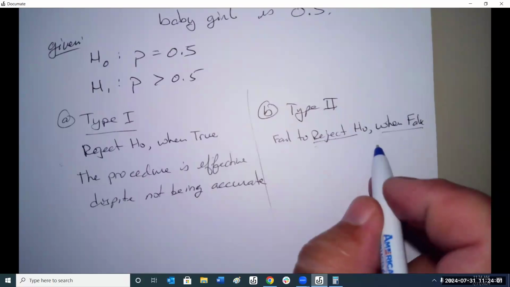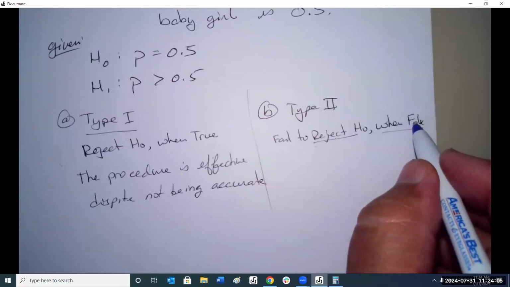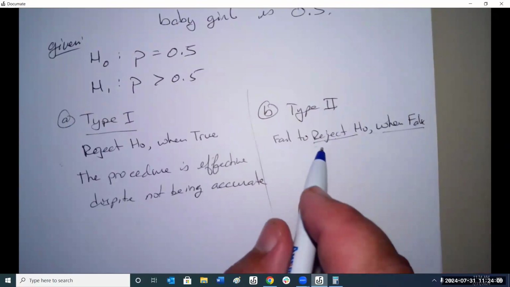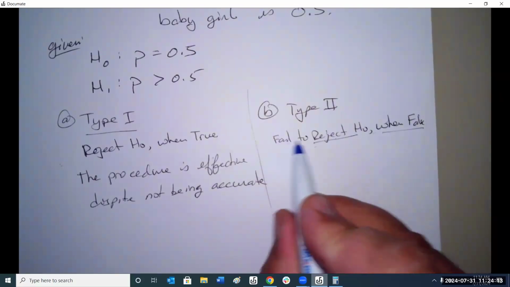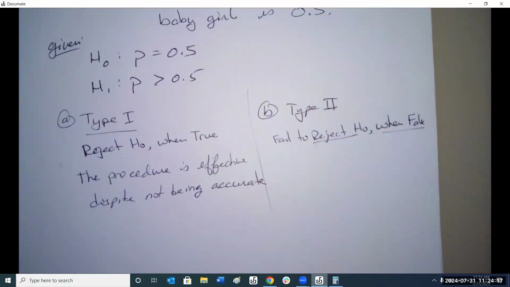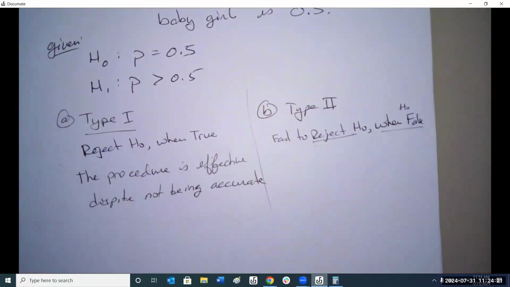So it should be false, but we're not going to reject it. We fail to reject H0, even though we know the statement is false.